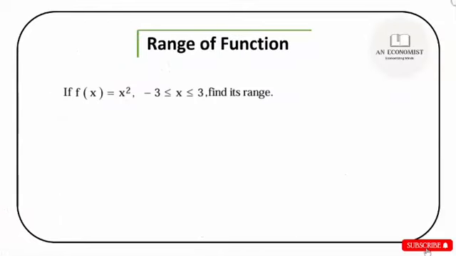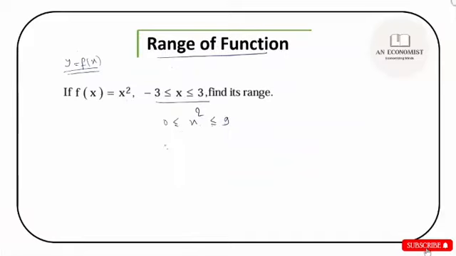Now next we have the range of a function. Range is all the possible y values. y is nothing but the f(x) values. If you are given some particular x values, you need to find the valid f(x) values here. So x is given to be minus 3 to plus 3. If you square both sides, what will you get? x square is 9. x square less than or equal to 9 means x lies between minus 3 to plus 3.